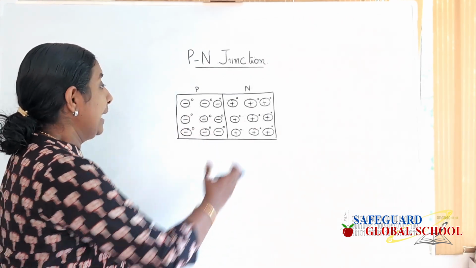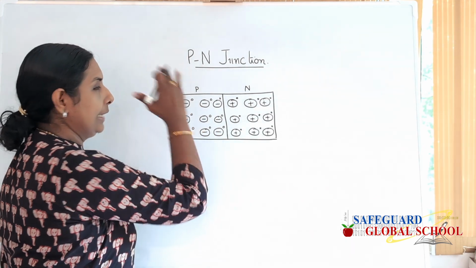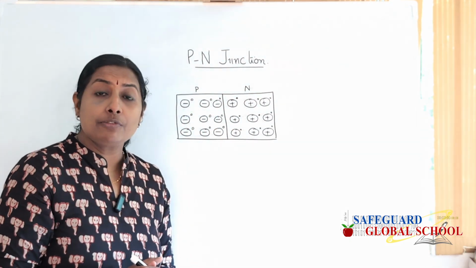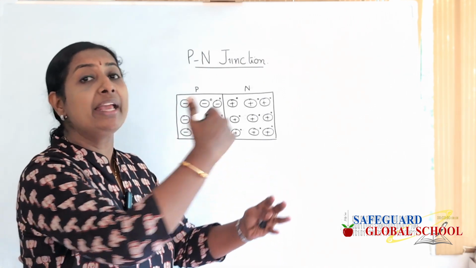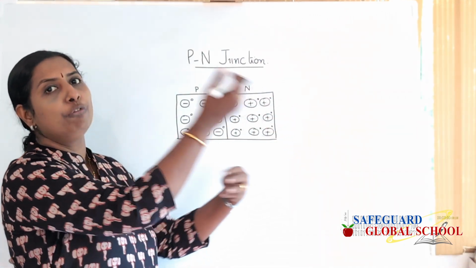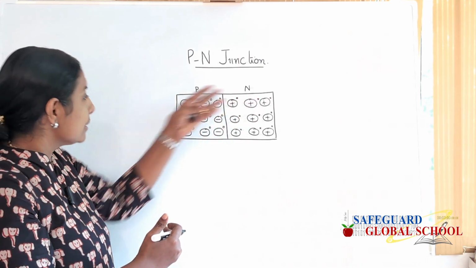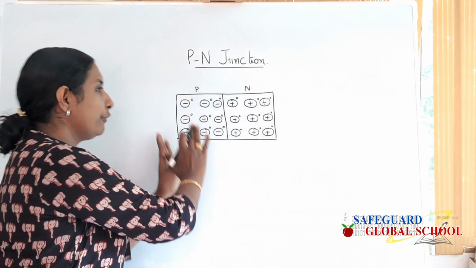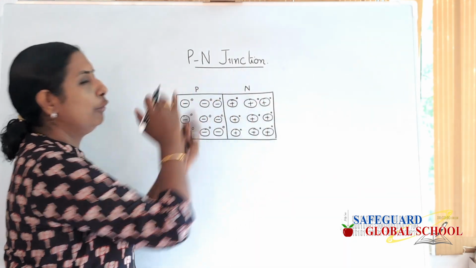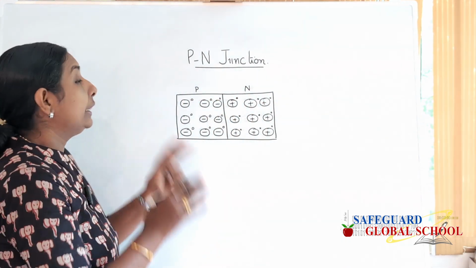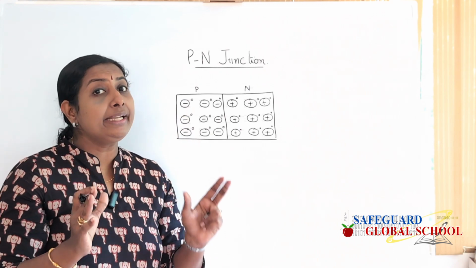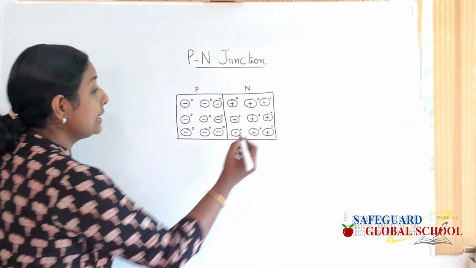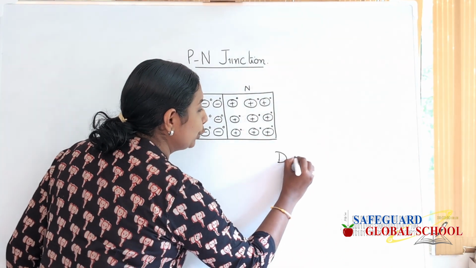If electrons are more here and less here, what will happen? The electrons will migrate from a region of higher concentration to a region of lower concentration. As a result, the holes also migrate from a region of higher concentration to a region of lower concentration. So the movement of these majority carriers across this junction is what is meant by diffusion.